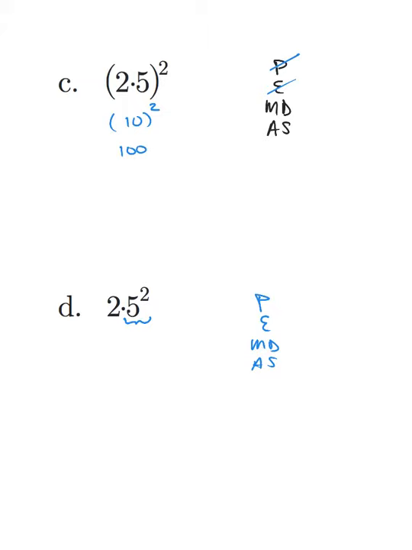I want to square just the 5. 5 squared is 25. And then if we go ahead and multiply, 2 times 25 is equal to 50. So note that parentheses alone can make a huge difference in our answers.